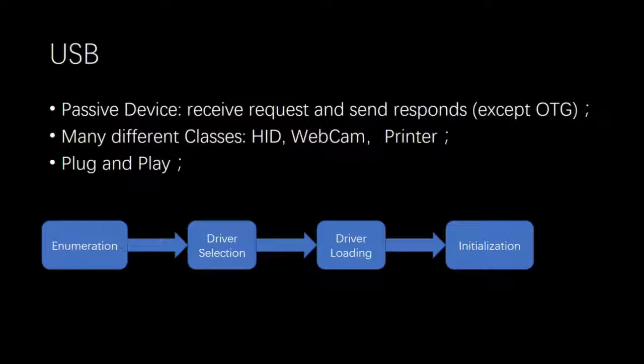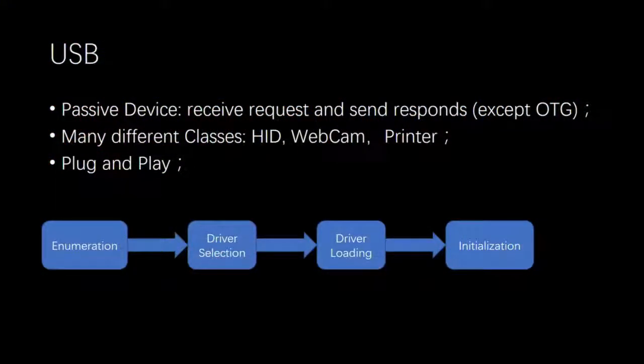The reason why USB devices are commonly used is that it's plug and play. You can just plug your USB device into the PC, and the system is going to load the driver, and then you can use it. The process for a USB device to work can be divided into 4 phases, and the first phase is called enumeration.